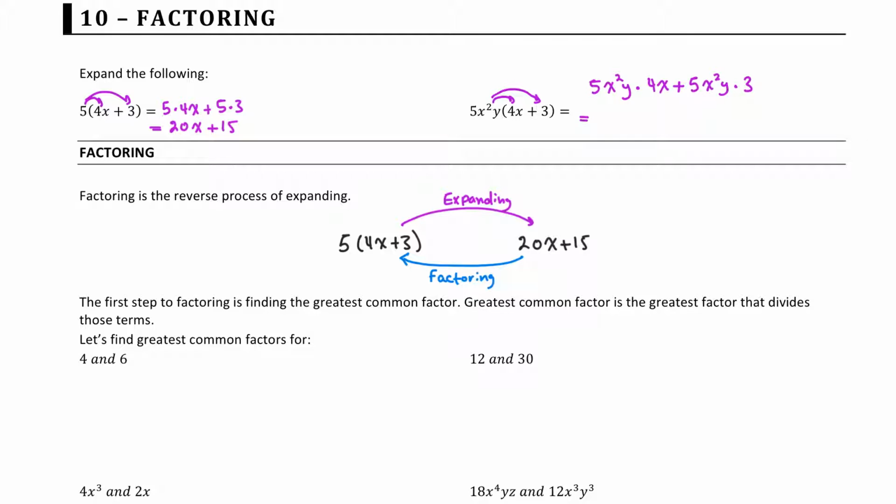To simplify it, we get 5 times 4, 20, x squared times x, which gives us x cubed, and y is the only variable here, so it's pretty much y times 1, which is just y. So again, 5 times 4 gives us 20, x squared times x gives us x cubed, and we're left with y. On the other hand, we have 5 times 3, which is 15, and x squared y stay as they are because they're pretty much being multiplied by 1.